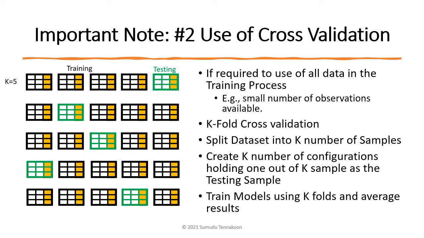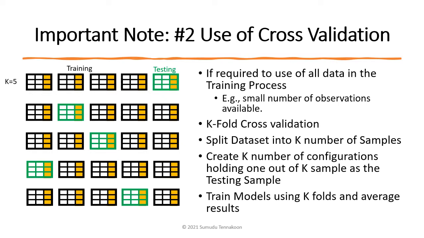Then, at a given training attempt, we use one of these samples as the testing sample and the remaining 4 samples as the training sample. As you see in the slide, you can create k configurations, holding out one of the k samples as the testing sample.